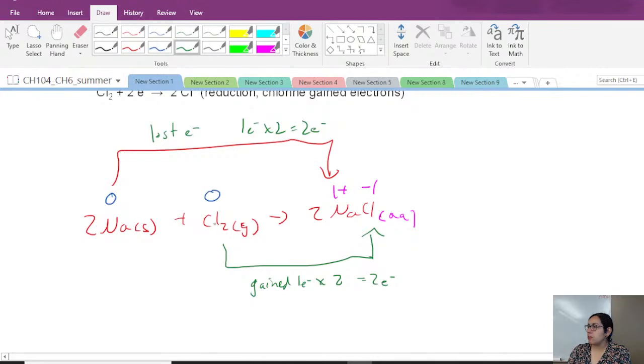Yeah, so you have to make sure everything's balanced at the end. Even though each chlorine itself is just gaining 1 electron, we have to examine that there are 2 chlorines, right? And we have 2 in the final reaction as well. And so there has to be 2 electrons total in the balanced equation.